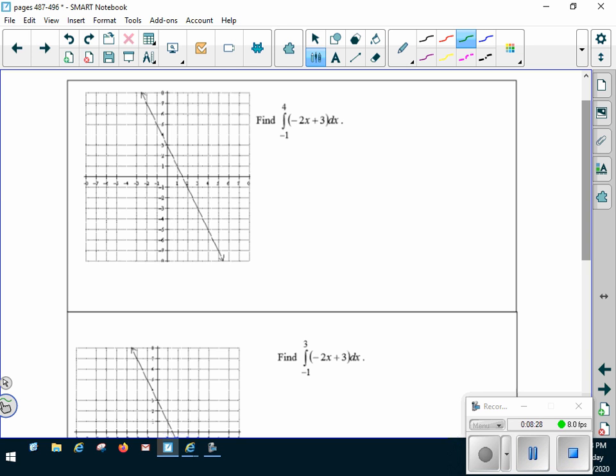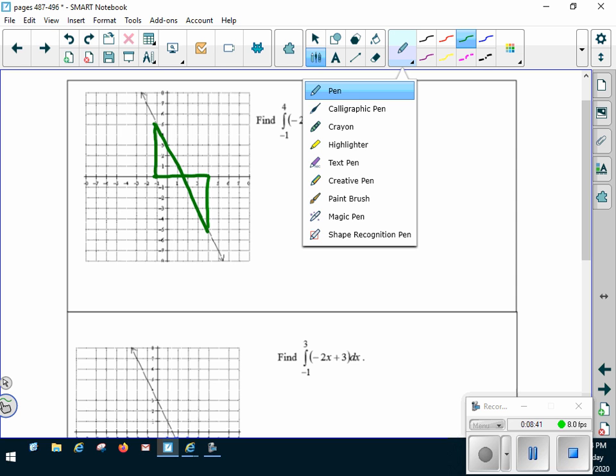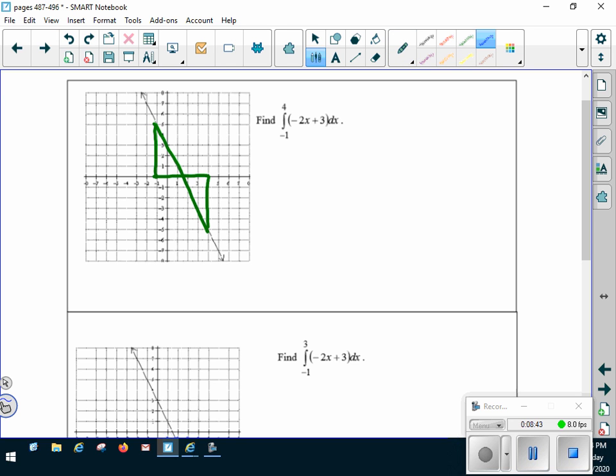Same function, but we're going from negative 1 to 4. So this one looks like this.